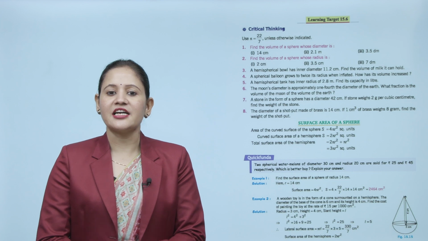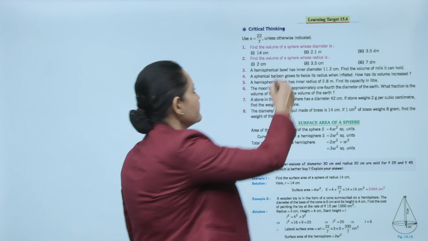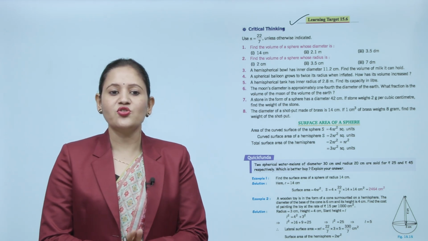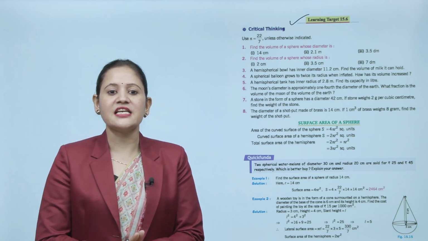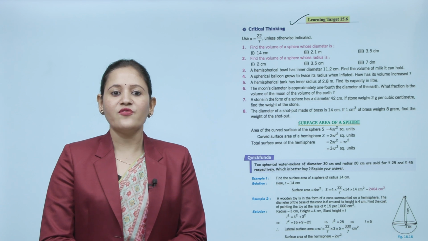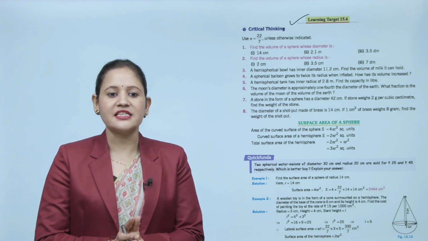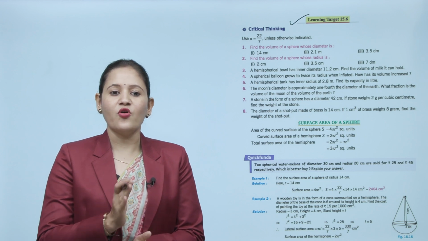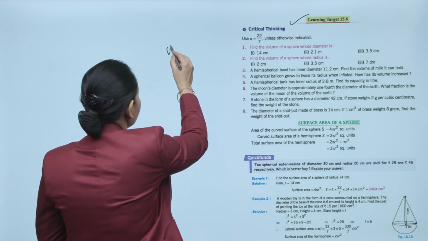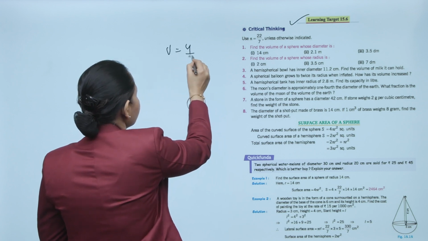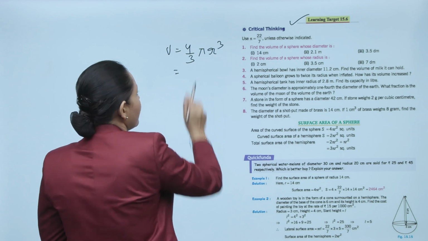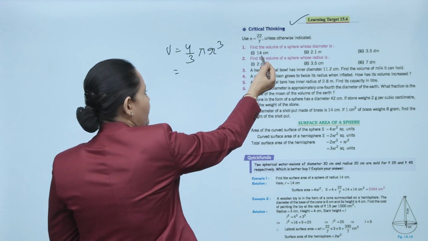Next is learning target 15.6. Critical thinking. Use pi as 22/7 unless otherwise indicated. Find the volume of sphere whose diameter is given 14 centimeter. So volume क्या हो जाएगा 4/3 pi r cube. Diameter is given 14 centimeters.